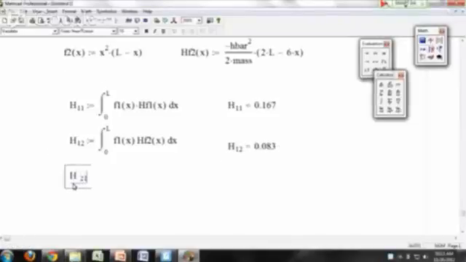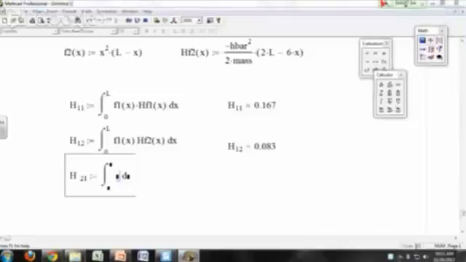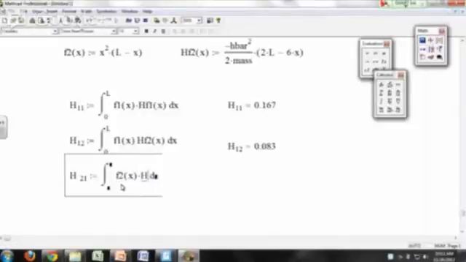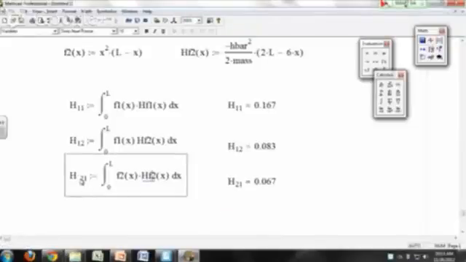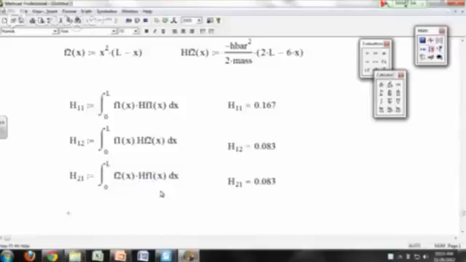What about h21? Integral. What do I type in here for the integrand? f2 of x times hf1 of x dx integrated from x equals 0 to x equals L. And let's verify what h21 is. h21 equals 0.083, okay?